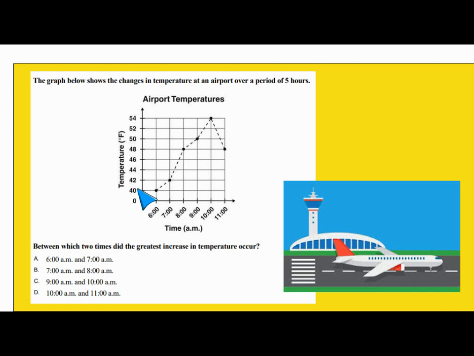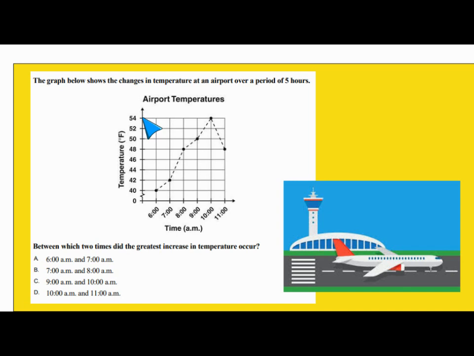Usually from 0 degrees to 54, we should have the same increments, but we don't. There's a little bit of a difference. So let's talk about that. We go in increments from 40 to 42, 44, 46, 48, 50, 52, 54. So we have an increase of 2 degrees.